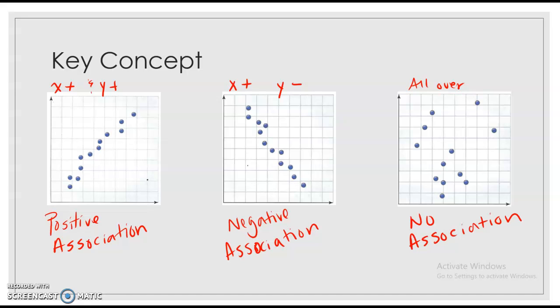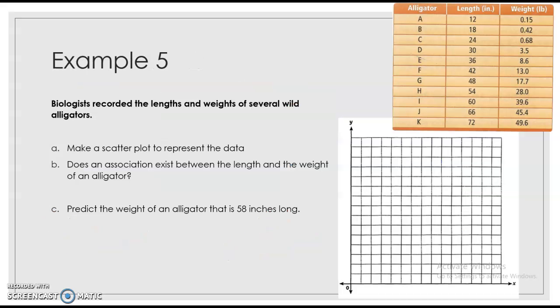All right, so we're going to go to our first example on association, or our fifth example for section 3.5. We want to make a scatter plot to represent the data. My x-axis is going to be my length, and that's in inches, and my y-axis is going to be my weight, and that's in pounds.